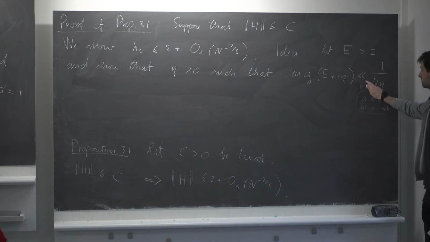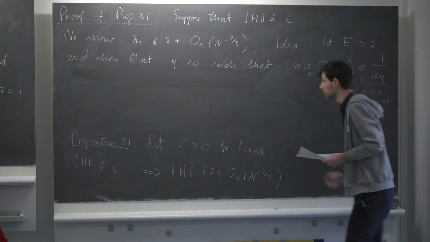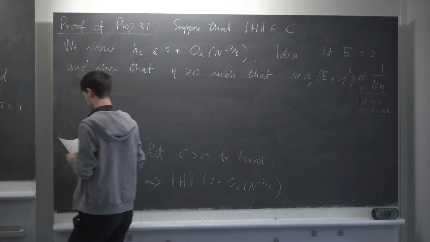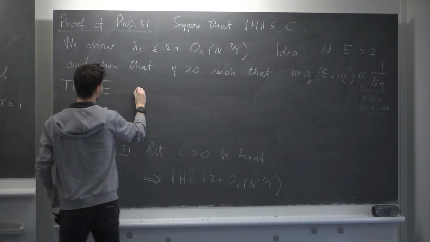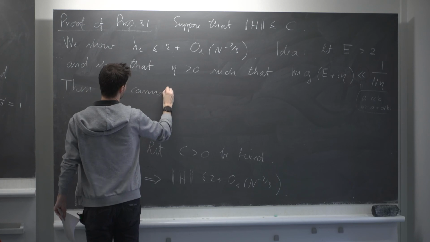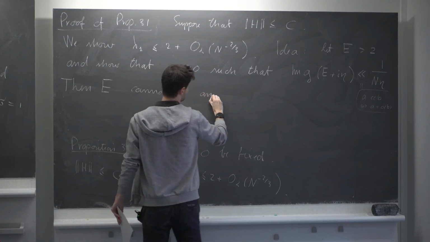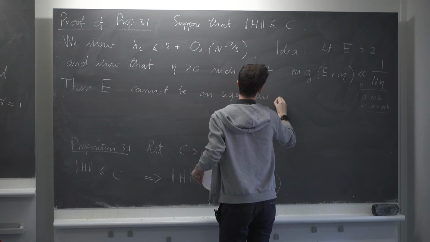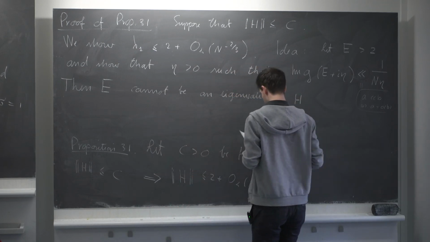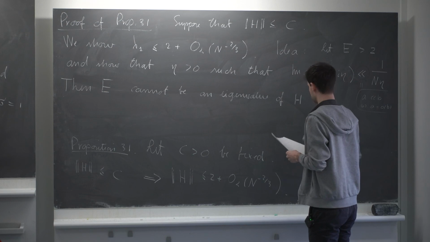But this is just to give you an impression. So this has to be much smaller than that as n tends to infinity. Why does this imply exactly what we want? And then the claim is E cannot be an eigenvalue of H.